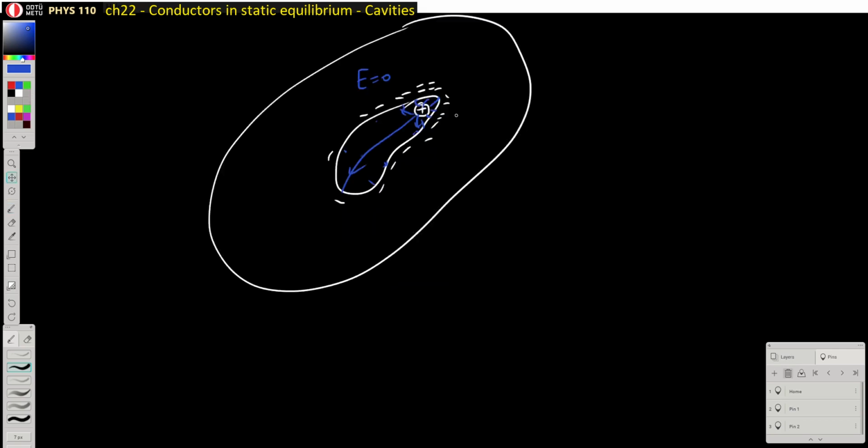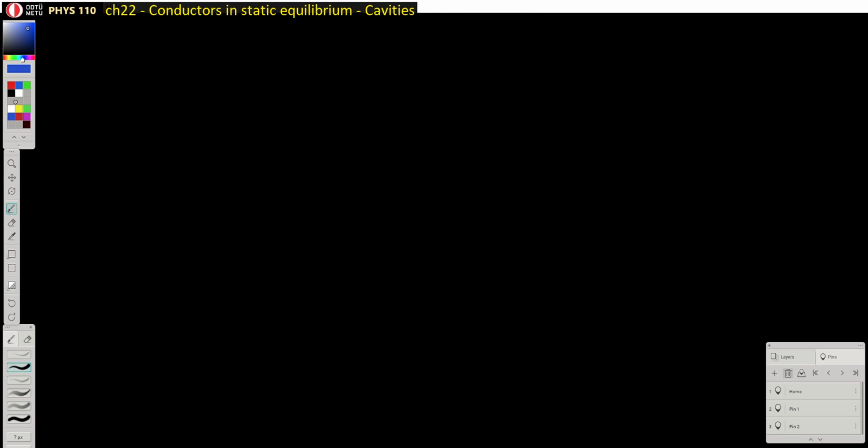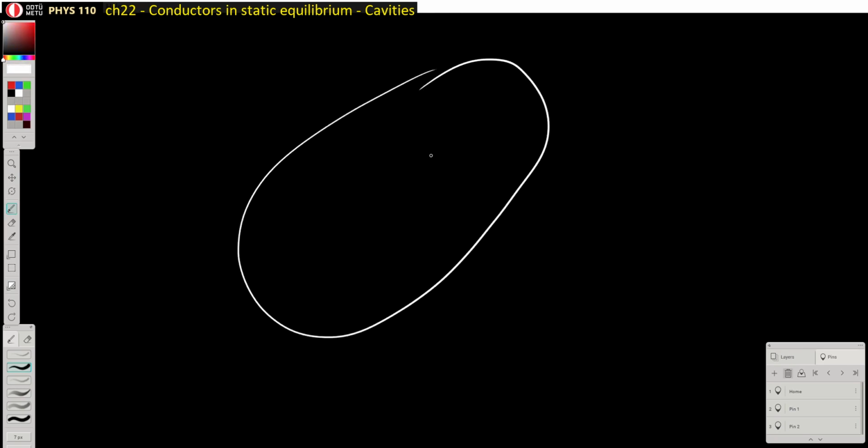I'm going to draw the same kind of picture again, repeating the same argument. If I have a charge Q placed inside a cavity, this cavity surface should somehow collect a total charge of minus Q in such a way that their total effect in terms of electric field inside the conductor is zero.